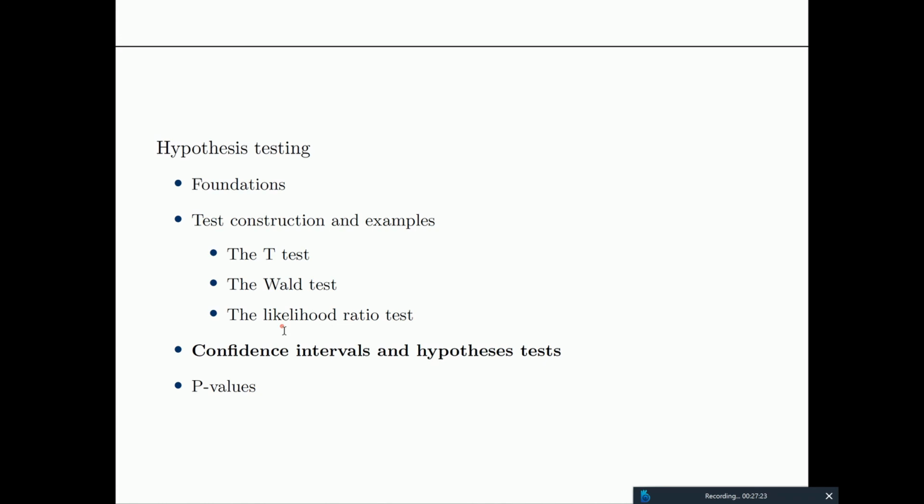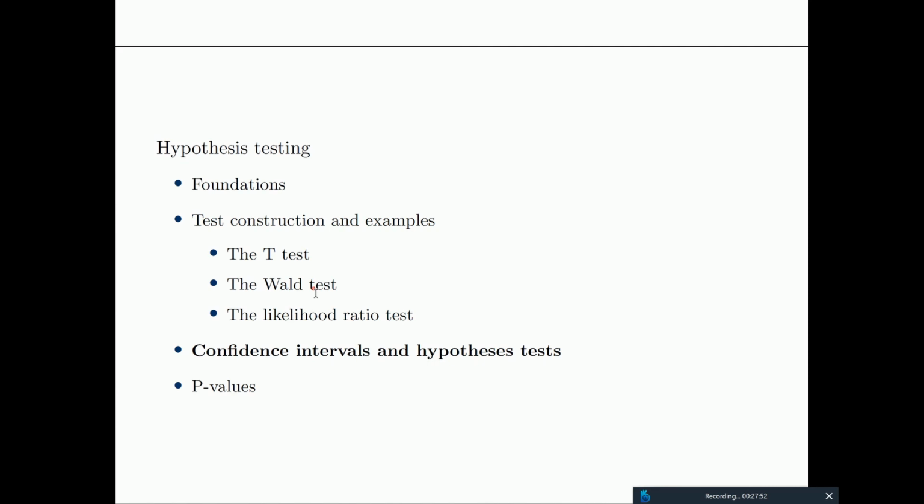Good. So we've seen now two examples for tests, and now we want to talk about how tests are related to confidence intervals. Because somehow we've seen what we did today already last week. We looked at the t-statistic and used it to construct confidence intervals, and we looked at the Wald statistic and used it to construct confidence intervals. And now we use the same statistics, the t-statistic and the Wald statistic, and their distributions, the t-distribution and the standard normal distribution, for tests.